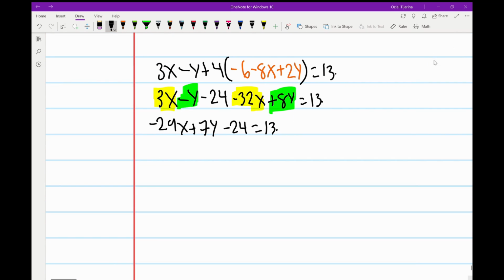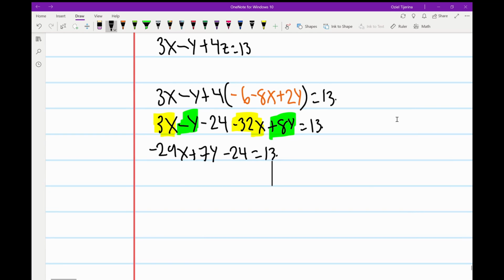Okay. And then you go ahead and you add 24 on each side, so you get 37, and you're gonna bring this down.